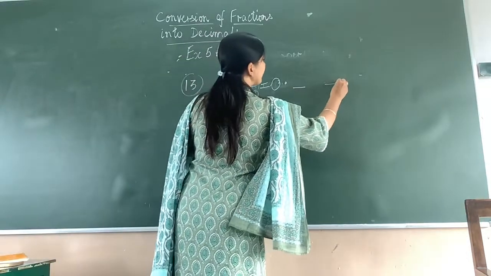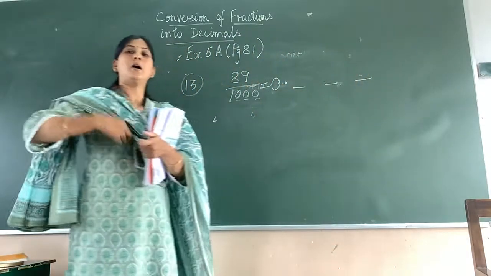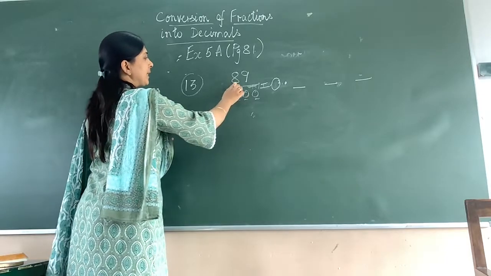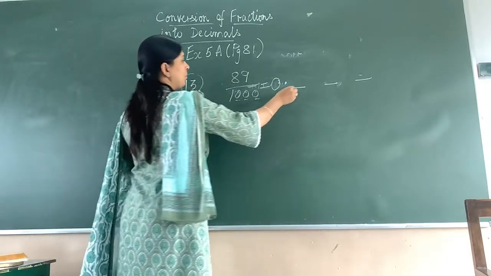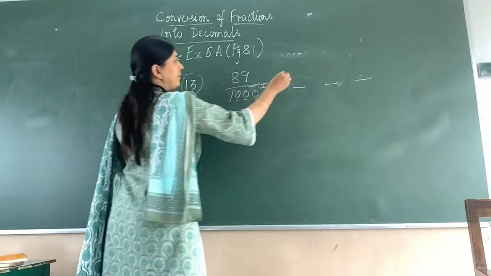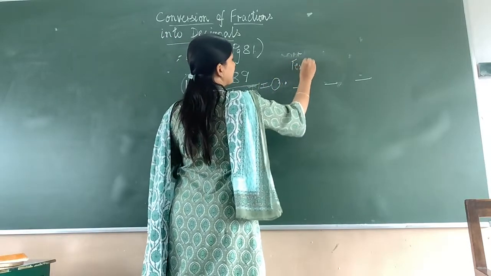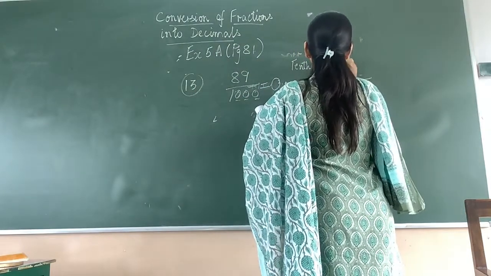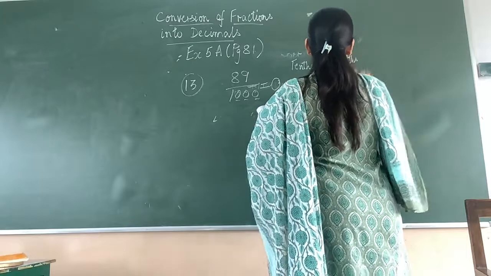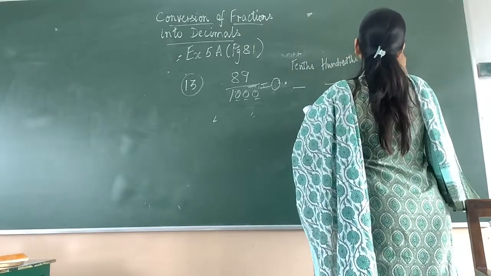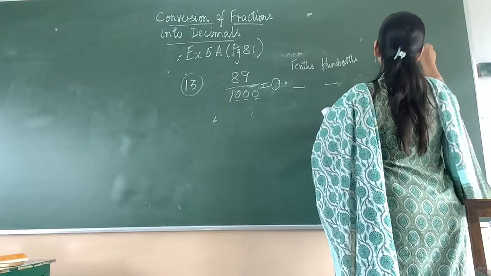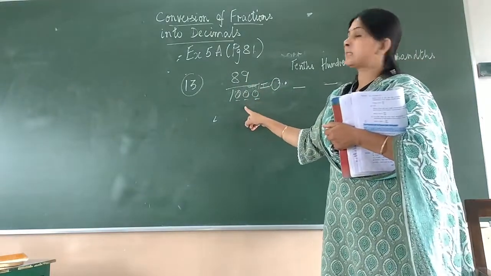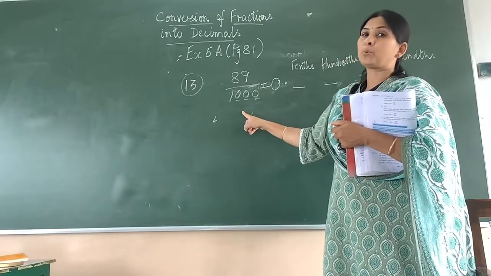That means there will be 3 digits after the decimal point. Now the numerator is 89. You know, children, the place after the decimal is tenths, then the next place is hundredths, and the next place is thousandths. Isn't it, children? Now 89 over 1000, what does it mean? 89 thousandths.